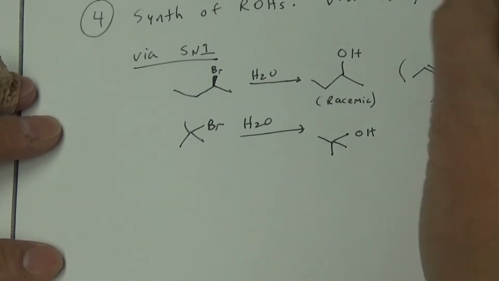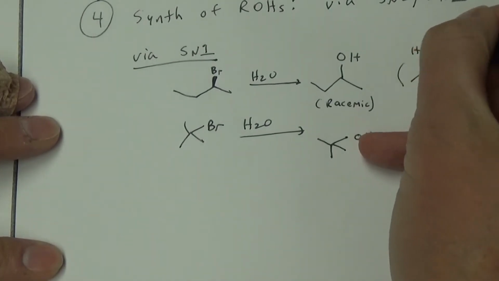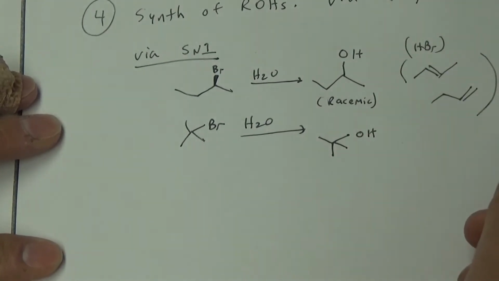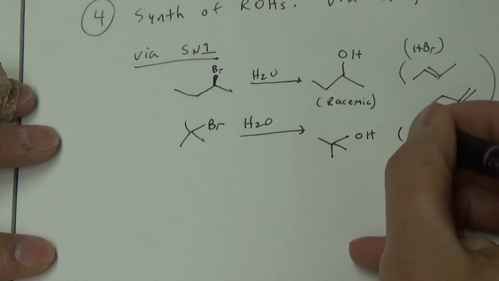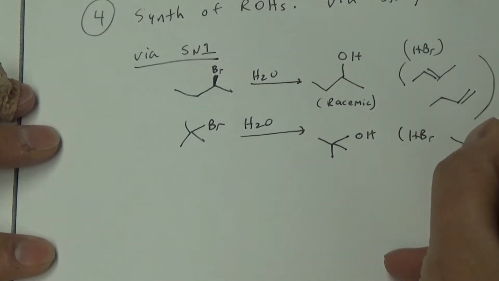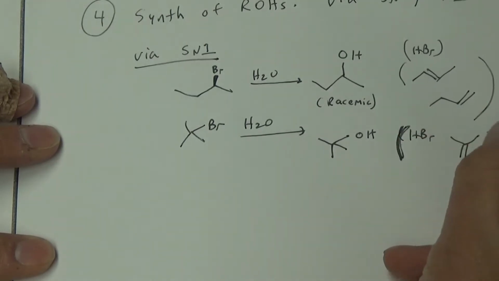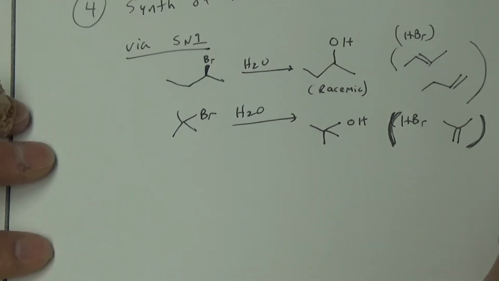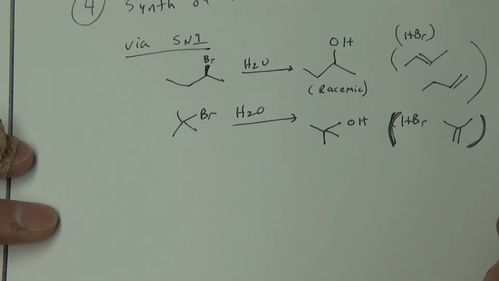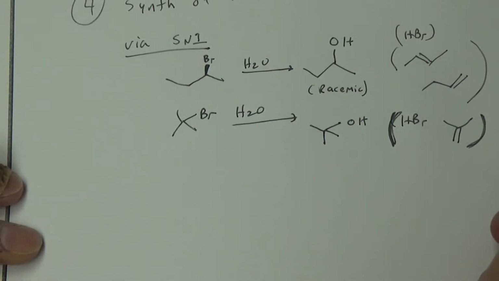Of course, in both of these cases, you get HBr out also. It's not a very exciting byproduct. And here we also get HBr and also the E1 product.